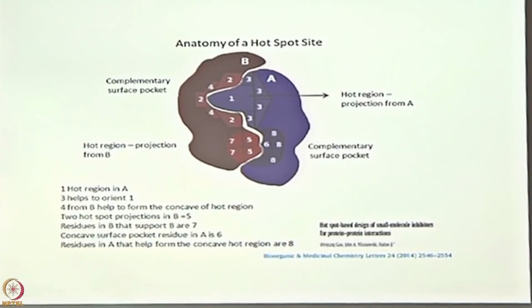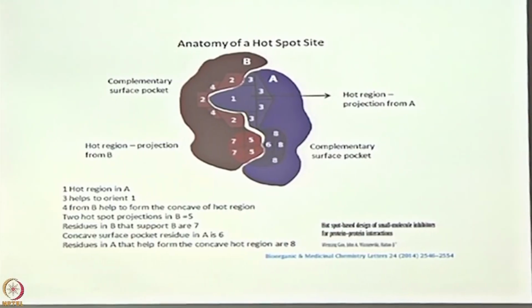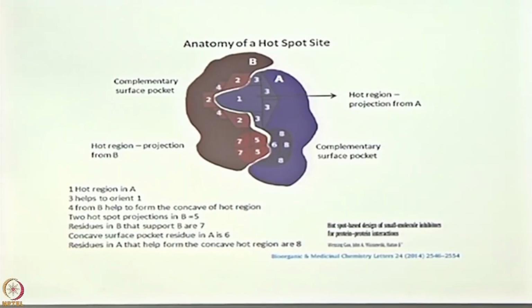So despite a large surface area that dictates the interaction, the key interactions are driven by very few residues at the interface, and these are called hotspots. In many cases, it can be a single amino acid that is dictating this bulk of the binding energy, and if you make the mutation in this residue, you will weaken this interaction so that they will not be able to associate with each other.